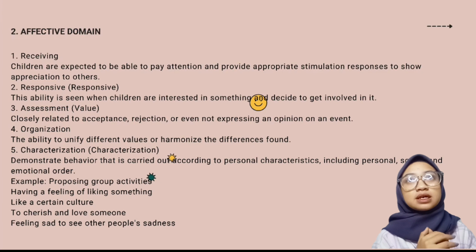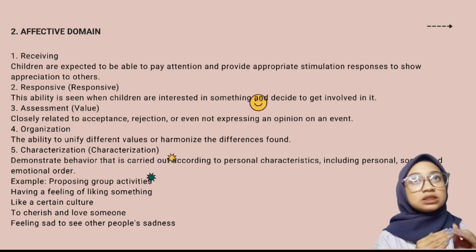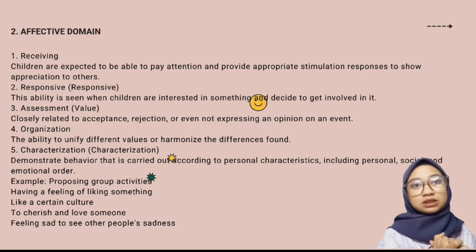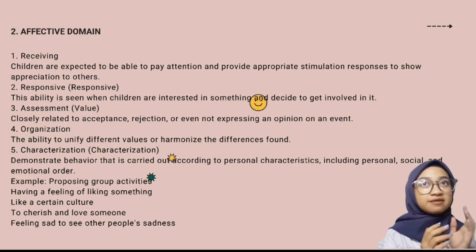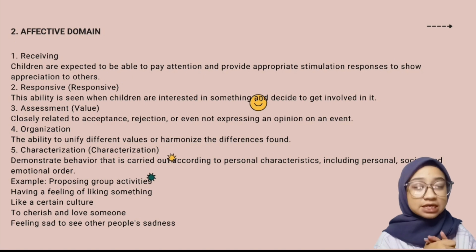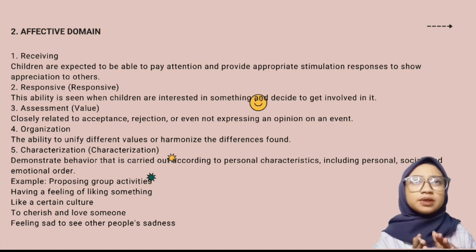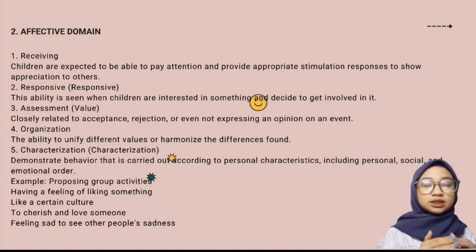The third is valuing, closely related to acceptance, rejection, or even not expressing an opinion on an event. The fourth is organization. The ability to unify different values or harmonize the differences found.